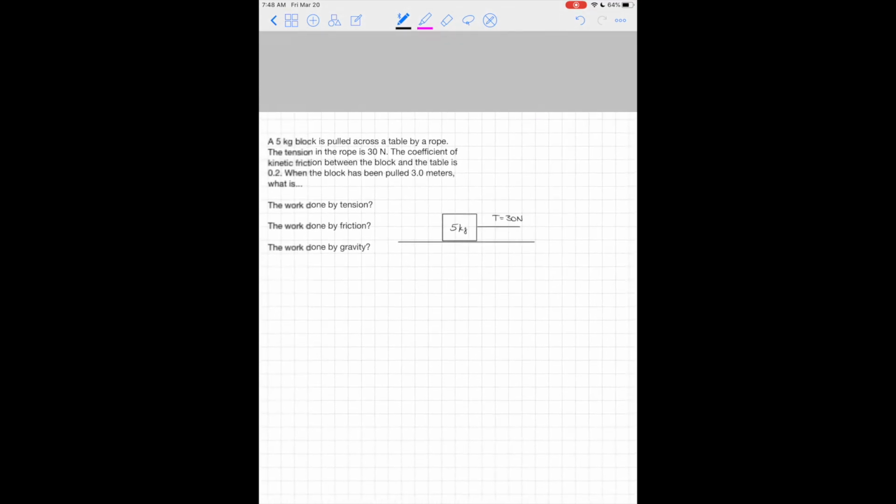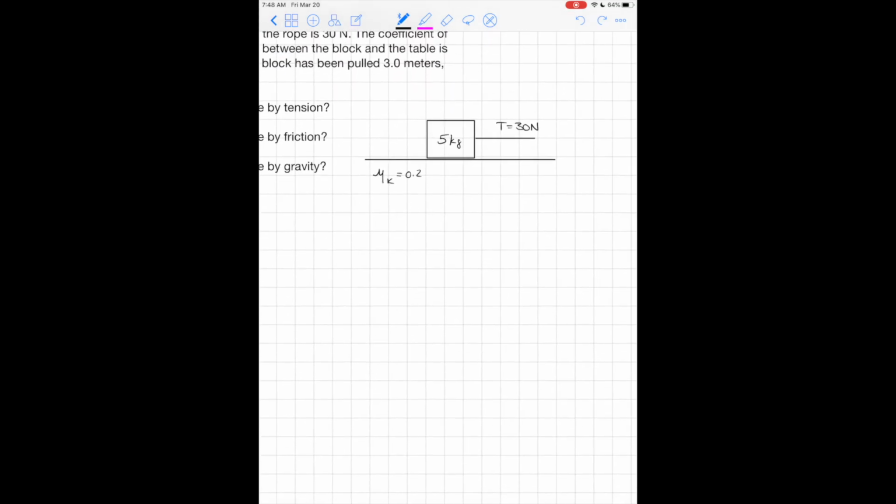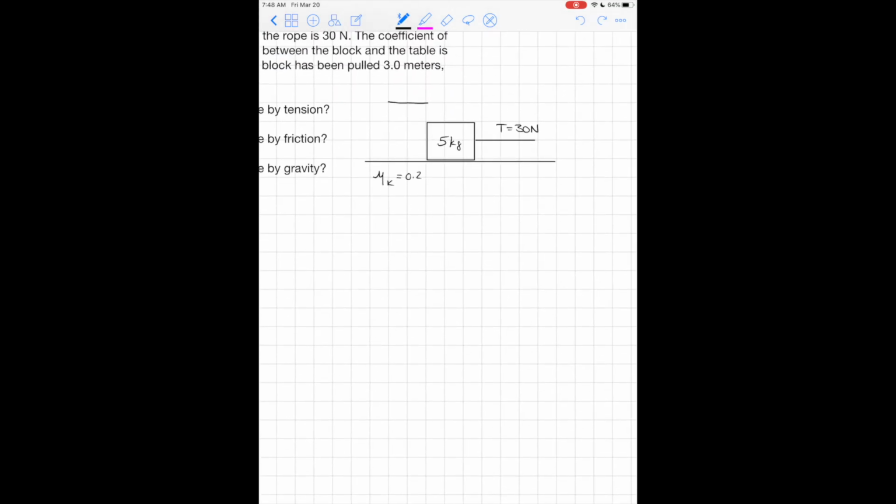Right, make sure that we got that, 5 kilograms. Right, we know that mu k is 0.2. What else do we know? We know that we have moved a total of 3 meters, which is going to help us figure out our work because that's our displacement.